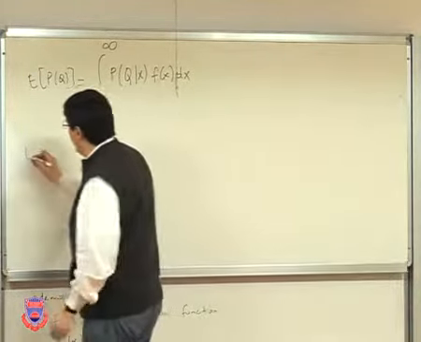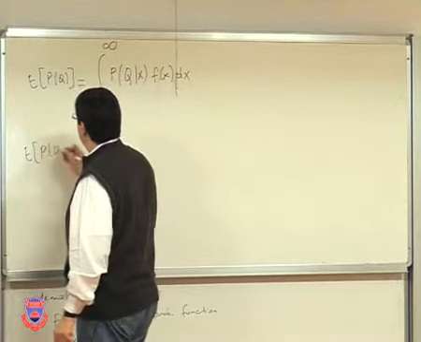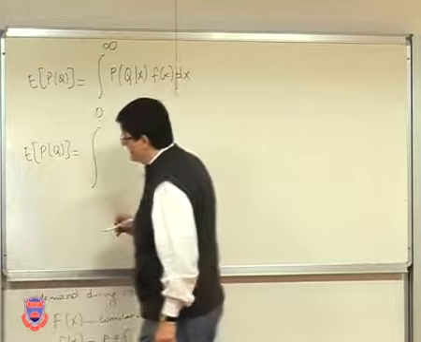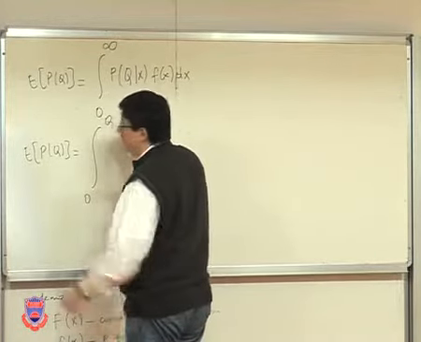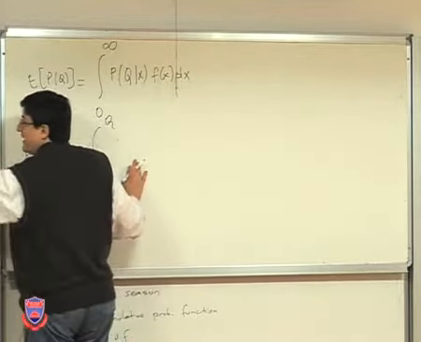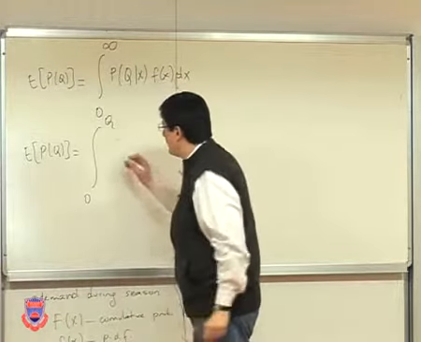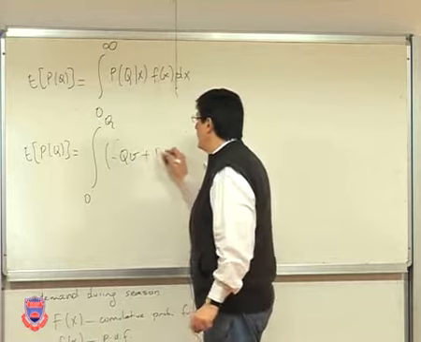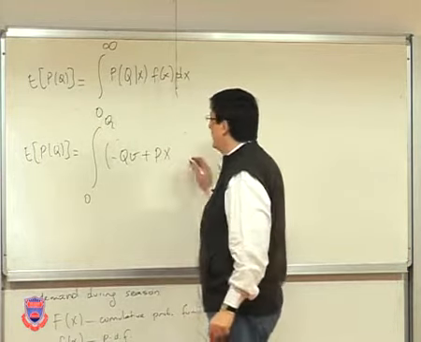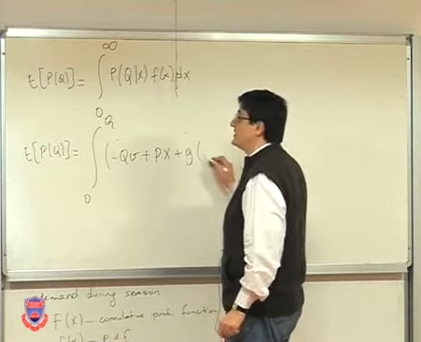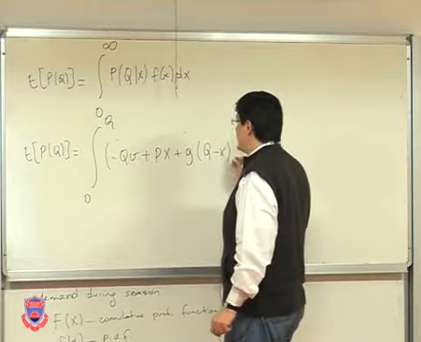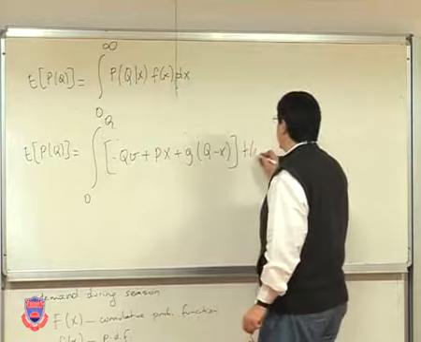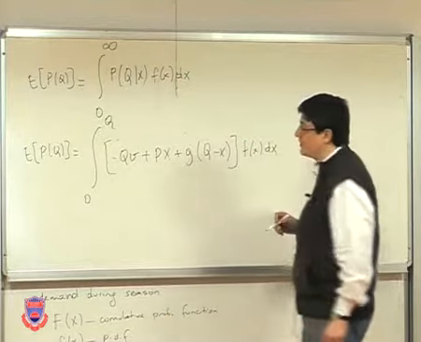Or if I am a little bit more precise, this turns out to be the integral from 0 to Q. Okay, this is the place where demand is less than Q. I'm going to have minus QV plus Px plus G times Q minus x, f of x dx is going to be the first term.